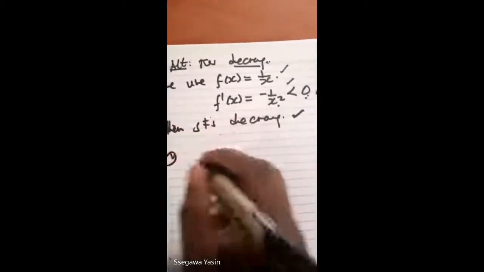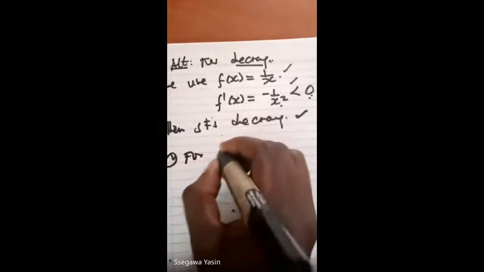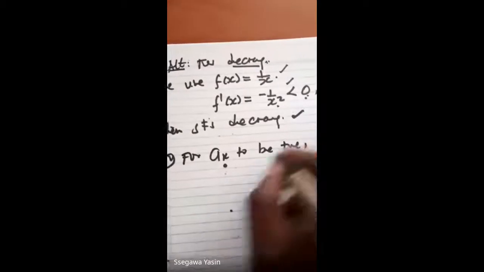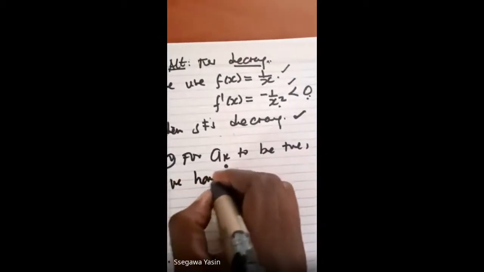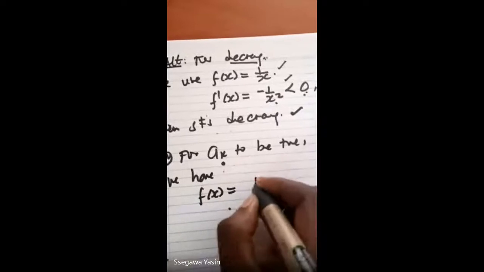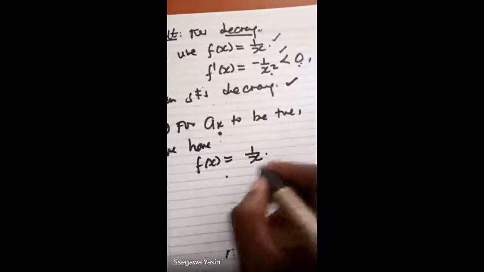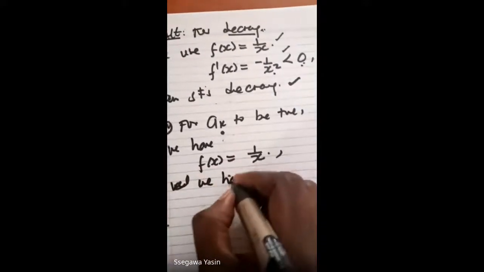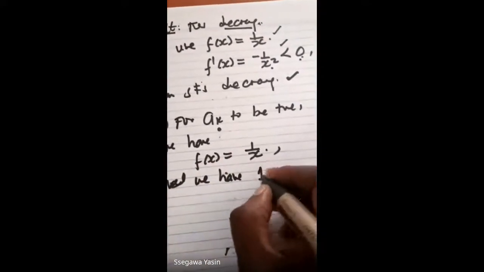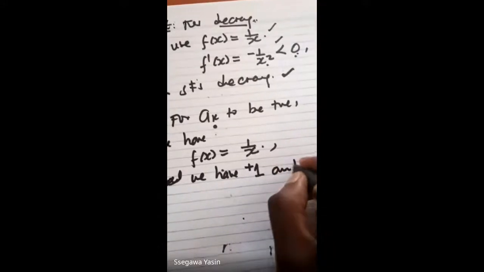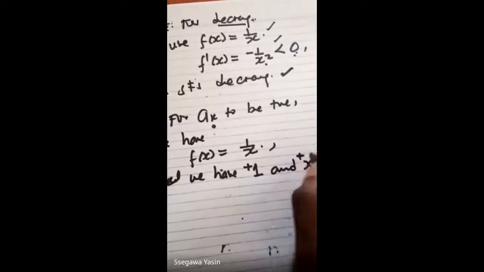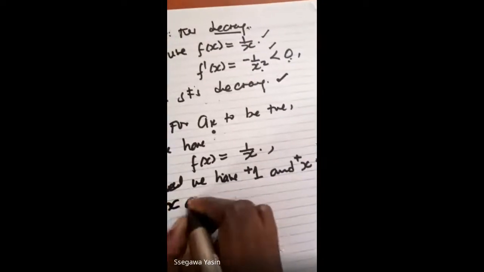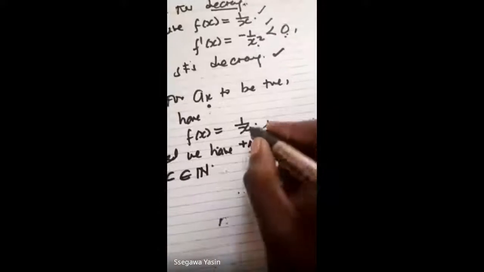Two, for k to be positive, we have f of x equals 1 over x. Already we have 1, which is positive, and also x is positive for every n, or for every x coming from n. You see, x is coming from n.